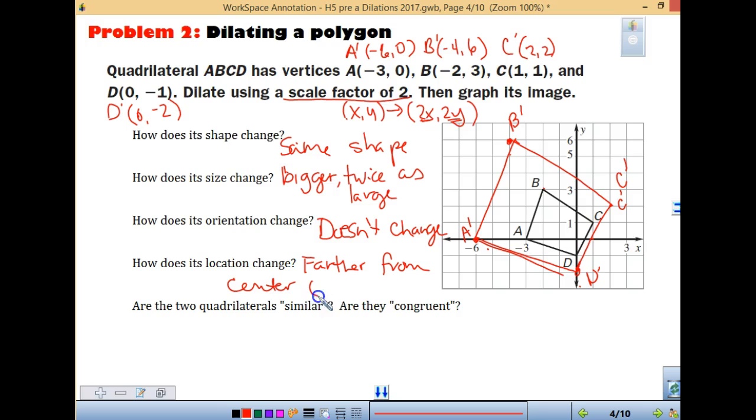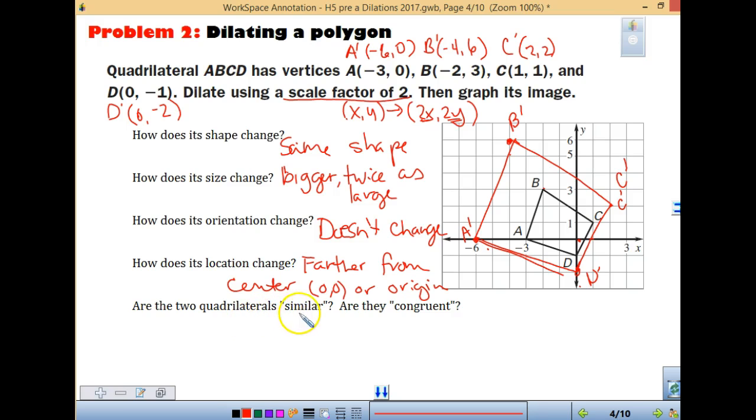And our center, 0, 0, or if you wanted to tell me, the origin. So from the origin, not original, from the origin. From 0, 0, where point C is located at 1, 1, now it's at 2, 2. Where point B was, negative 2, 3, it is now twice as far from that origin, okay?